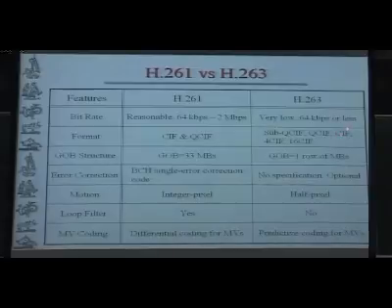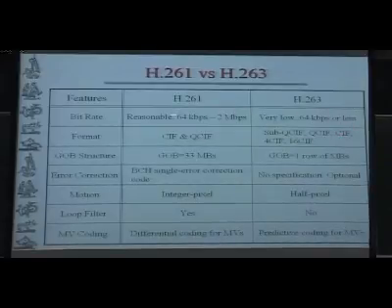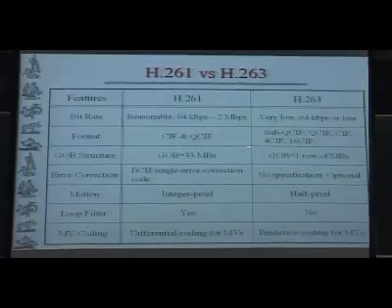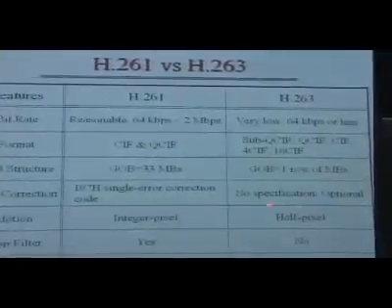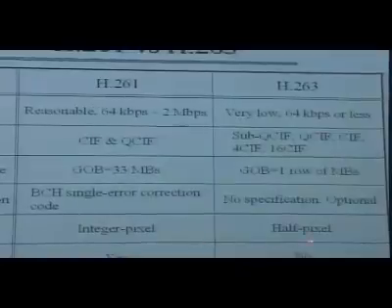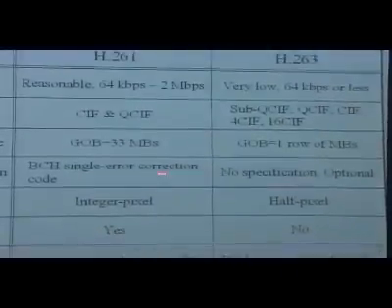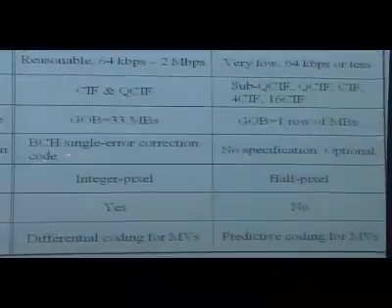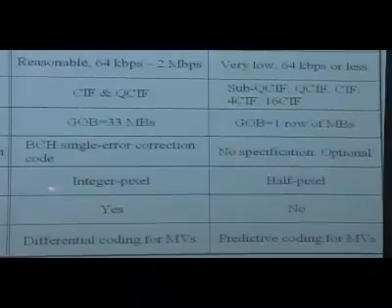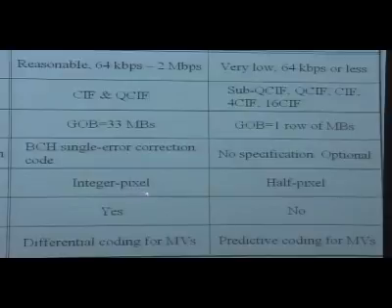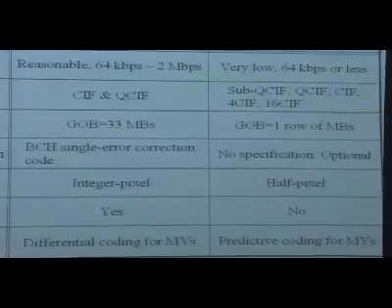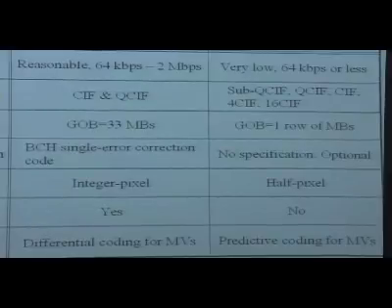First of all, it's a lot more flexible. The group structure is different. The main thing is here: as you go from full pixel to half pixel motion estimation and compensation, the improvement is roughly in the 2 to 4 dB range.